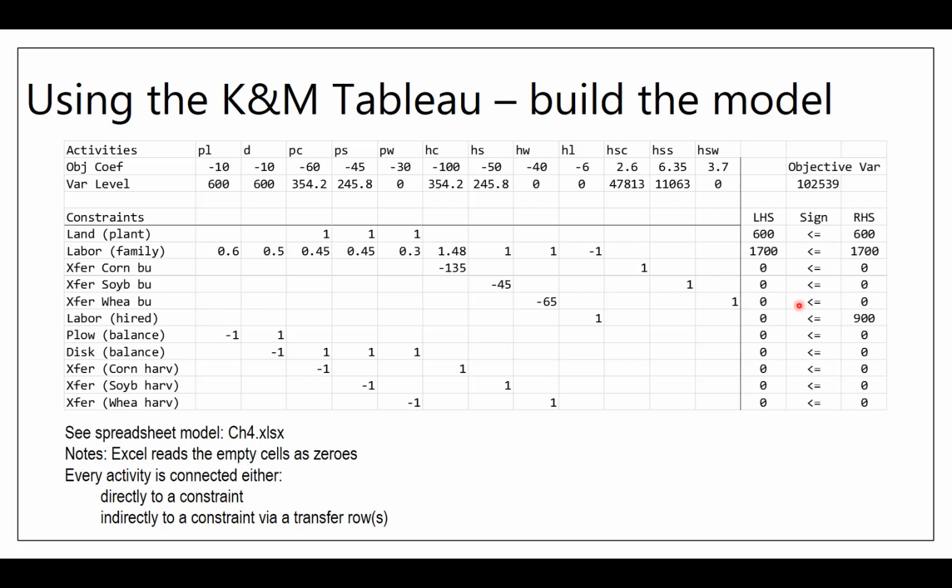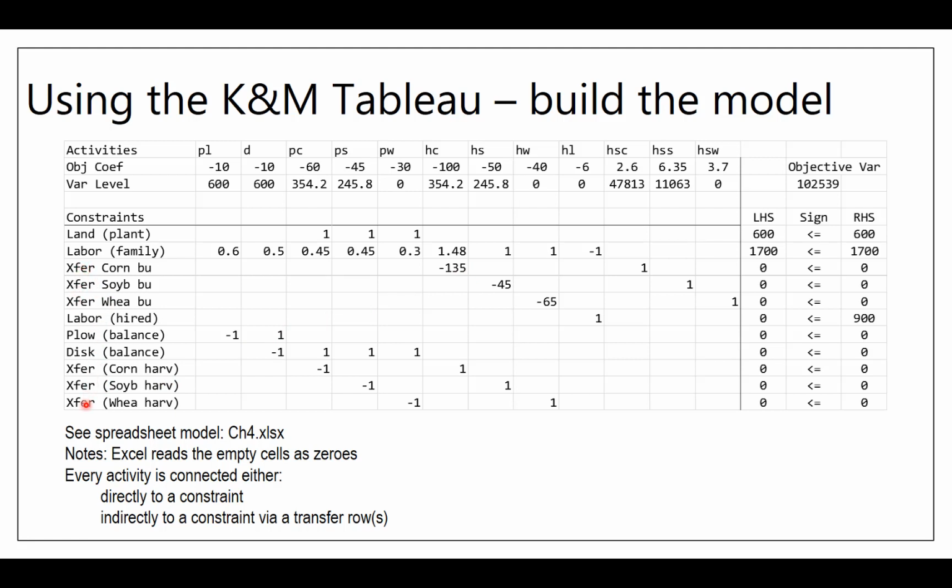Okay, so that's why we have this one limit that says we can only hire up to 900 hours of labor, and that it directly substitutes. It's a homogeneous good, right? Labor is, whether it's family or hired. And then everything else, besides that one, is just a sort of transfer balance. And you see that I've called these transfer rows.